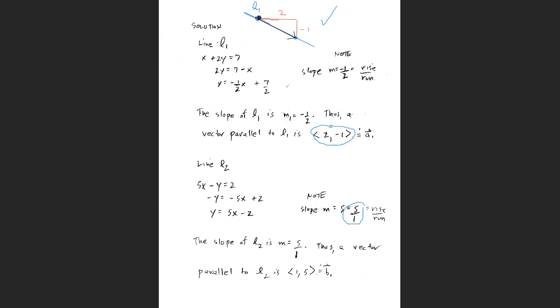And so the vector 1, 5 is parallel to the second line. So the vector, in a sense the direction it points, determines the orientation of the line, because a vector has direction.